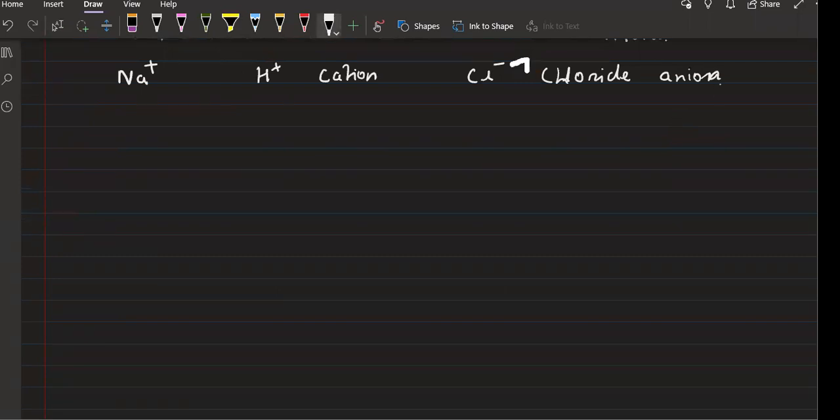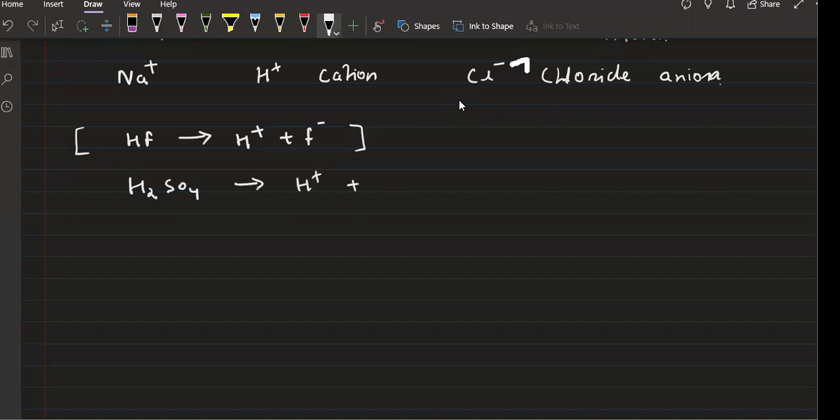So let's see. If I'm talking about HF, HF will break into H plus plus F minus, right? So is HF an acid? Tell me, yes or no? Yes, very good. Now H2SO4 will break into 2H plus plus SO4 2 minus, because we have two hydrogen.